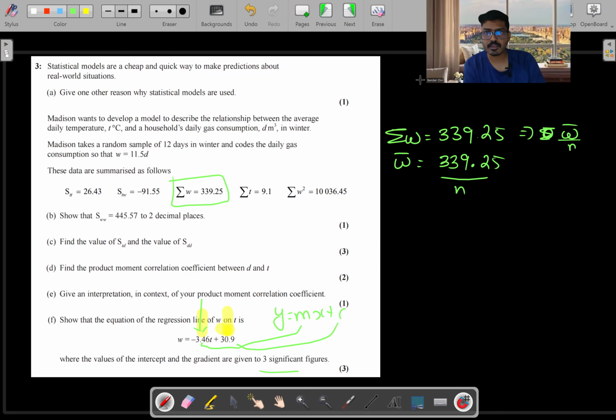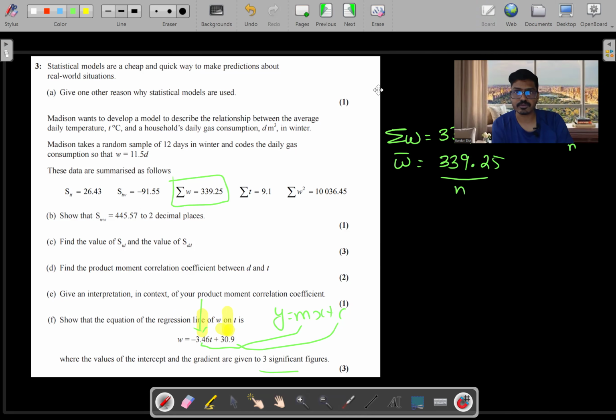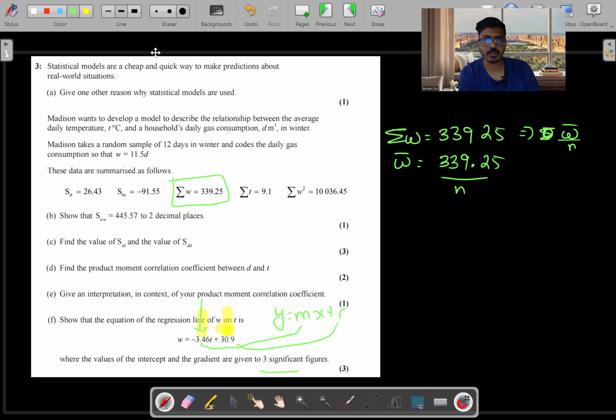If you don't know the equation, let me erase this and make it very clear. We know that sigma of W is equal to W bar times N.